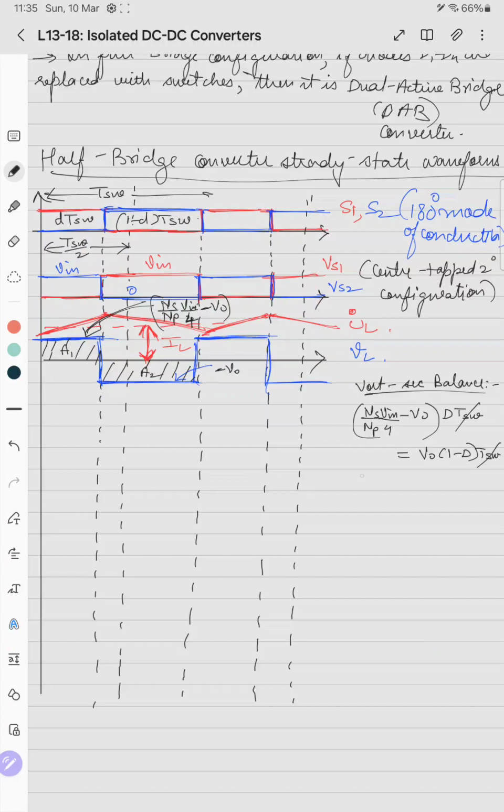So Ns by Np V in by 4 will be equal to D into V naught plus 1 minus D V naught. So 1 minus D and D will get cancelled. It will be V naught. Yeah, there will be a D also.